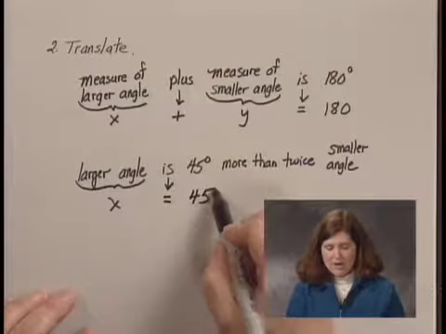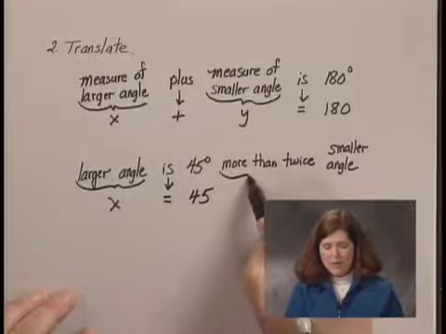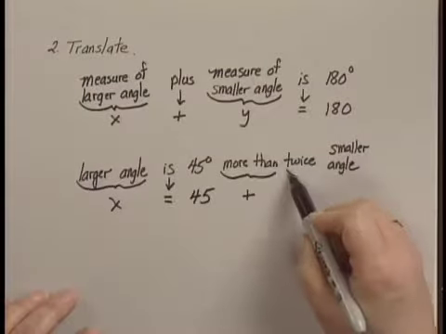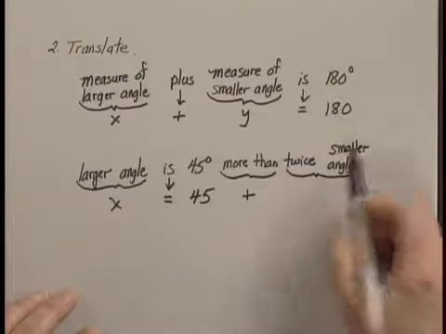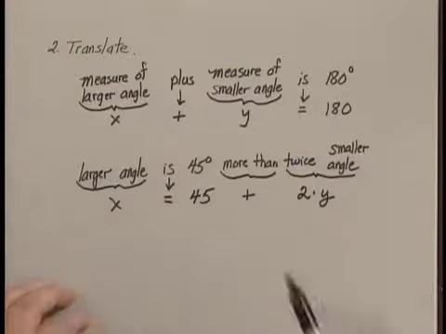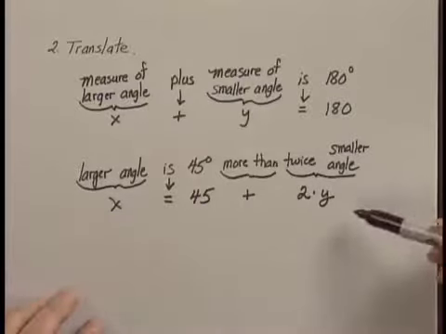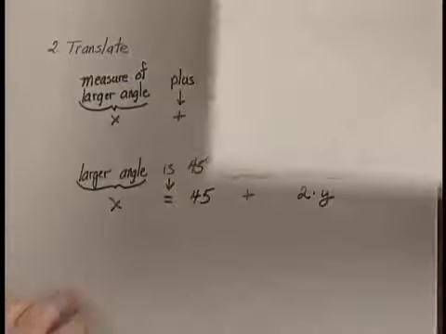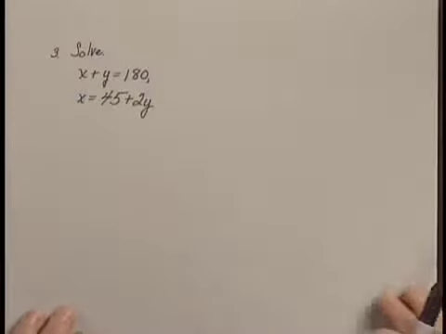I have 45, and then I have more than twice the smaller angle, which is 2 times y. So I have two equations in x and y, and I can solve those equations as a system of equations in step 3, which is to solve.